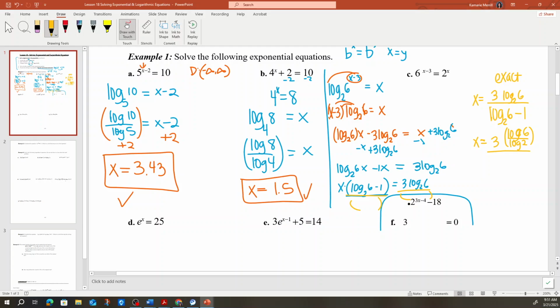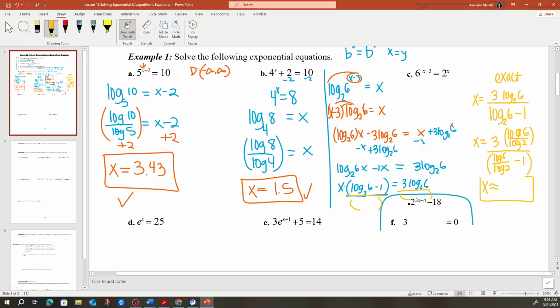Then that's divided by, and I would use a parenthesis because you have a minus going on here. You type in log of 6 over log of 2, and then minus 1. But all of that has to be in the denominator. Then you press equals.